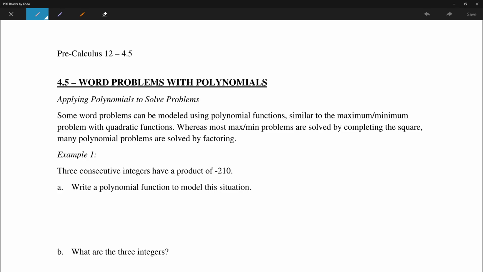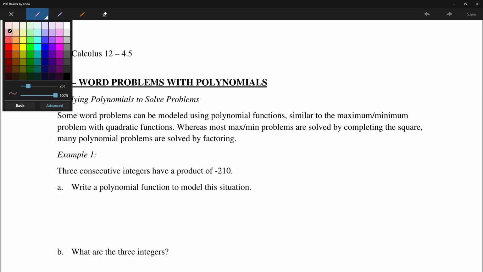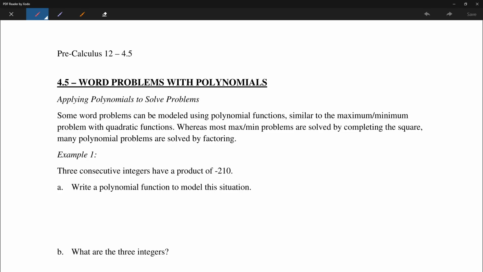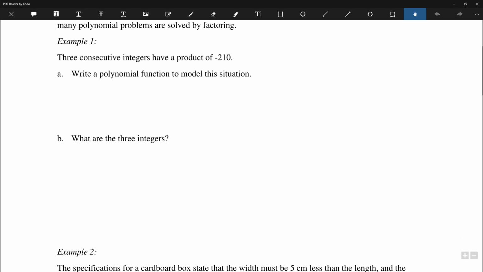It says here 3 consecutive integers have a product of negative 210. So first step is to write a polynomial function to model the situation. Suppose the first integer is n.